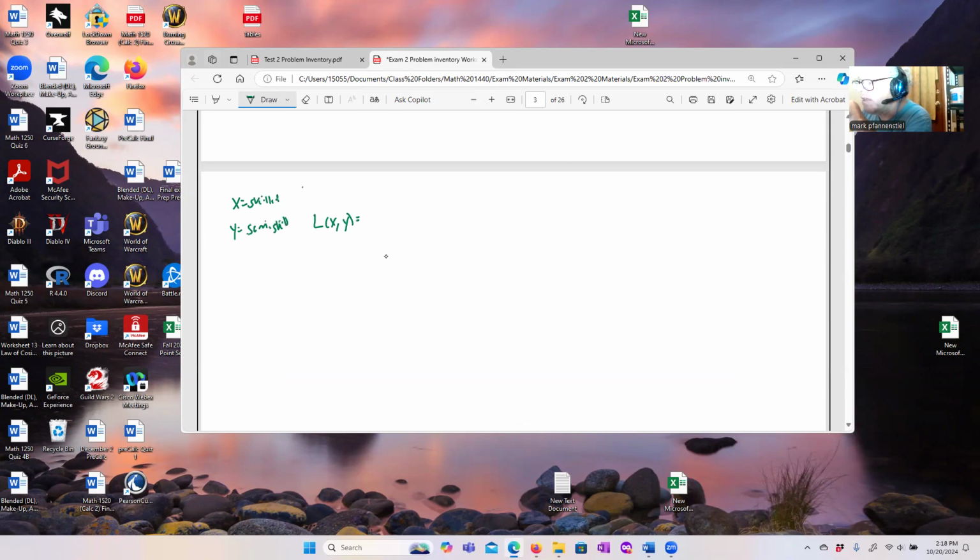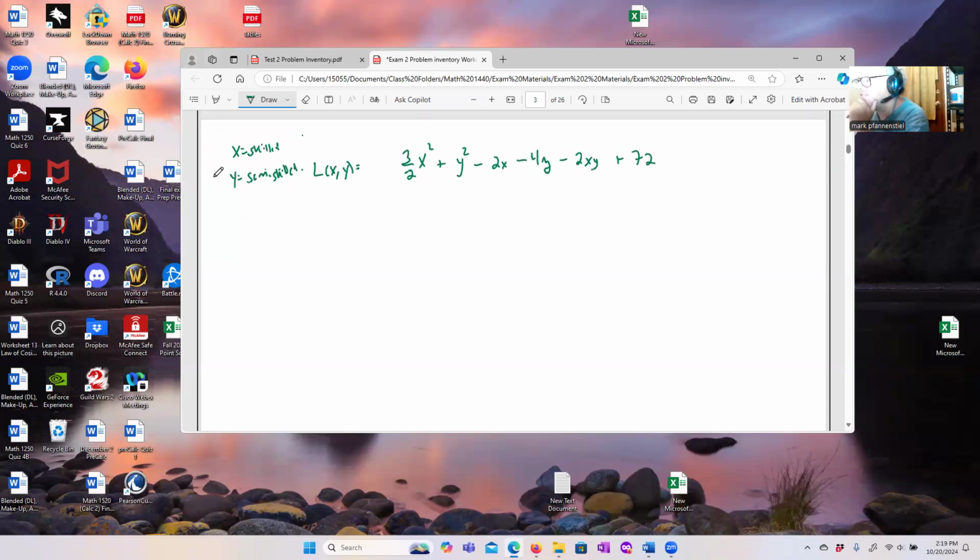So we have that, and this is equal to 3 halves x squared plus y squared minus 2x minus 4y, minus 2xy plus 72. Delightful. And then we have to figure out what the optimization is for this.